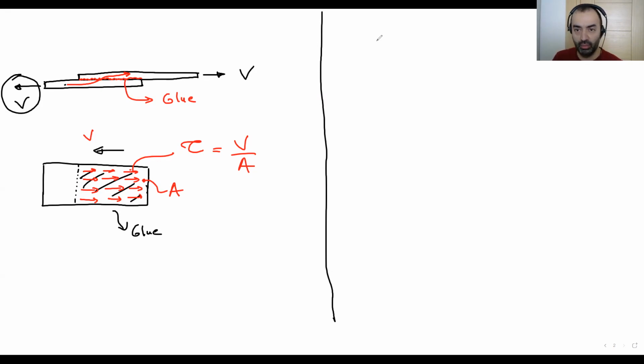If we have a rectangular member, so if we apply shear stress to this member, it's going to get this shape.